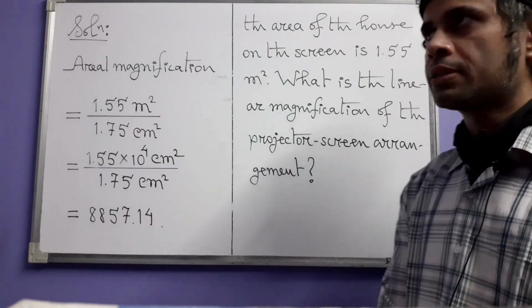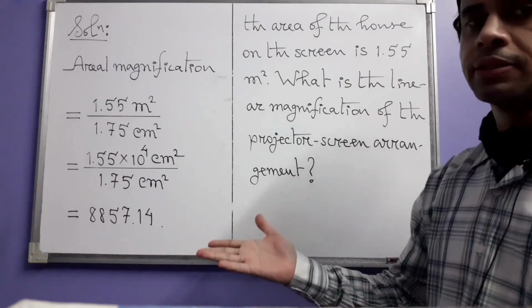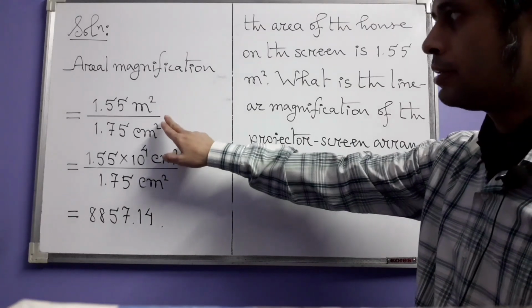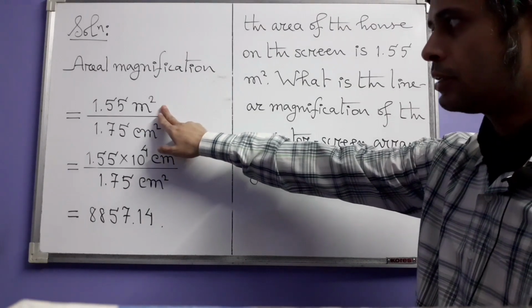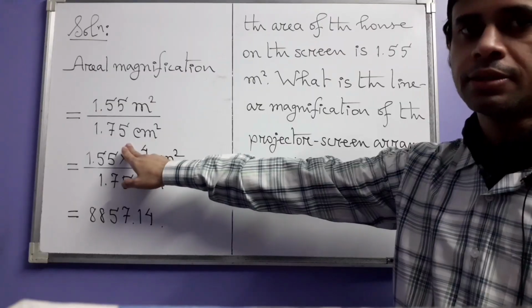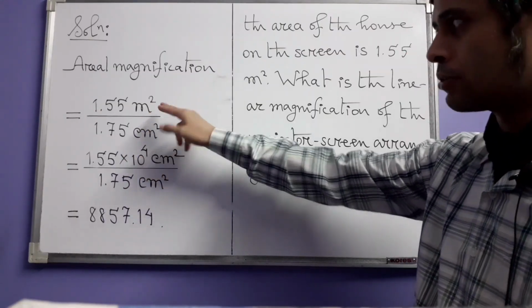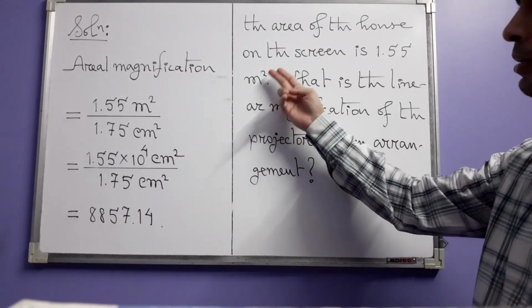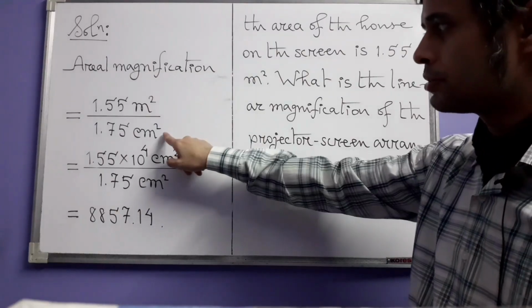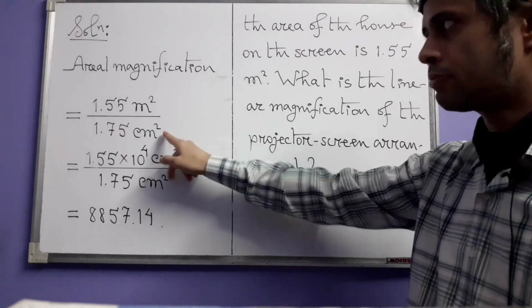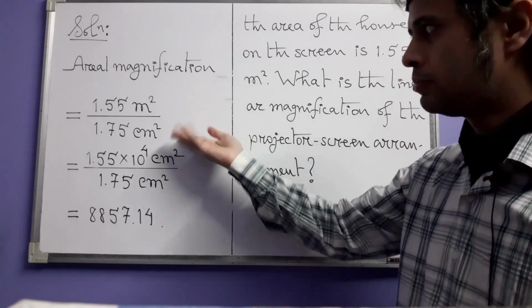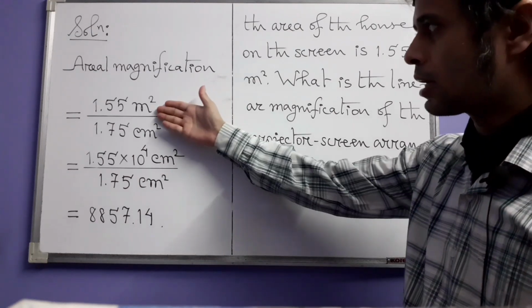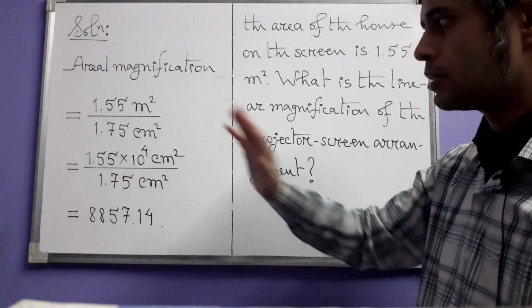So we can first calculate the aerial magnification, which is the area of the house on the screen divided by its area on the slide. Note that this, however, is given in meter square and this one is given in centimeter square. So we have to first of all change the unit. Say we turn this meter square into centimeter square.